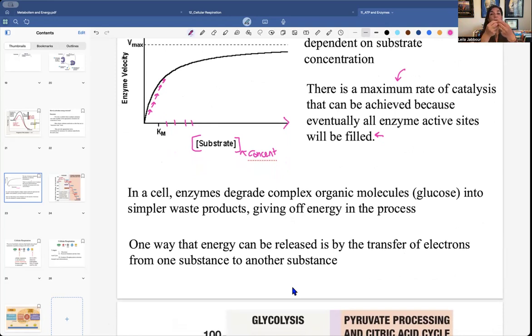It means that the electrons that were in that covalent bond are now given to somebody else. So that's why we say the energy being released is done by the transfer of electrons from one substance to another substance. So that's what we're doing here. We're transferring these electrons from one substance to another.